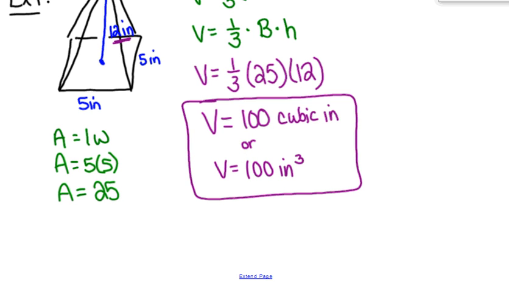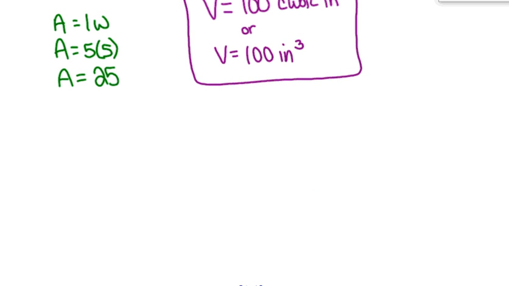Let's go ahead and look at an example of another one. In this one, they're not going to give us a picture, but rather they're going to put everything in words.